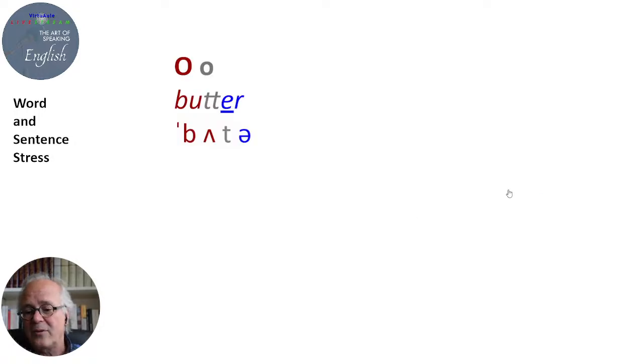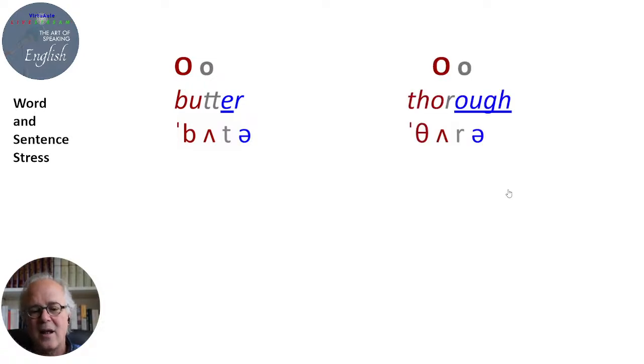So let's look at also whole syllables that are reduced to a schwa. Okay, we saw in the other group, we also can see butter. So the entire syllable is reduced to a schwa in this case. Thorough, thorough.